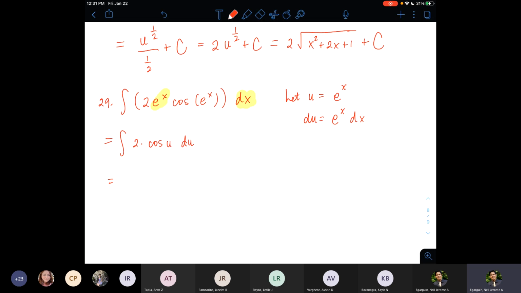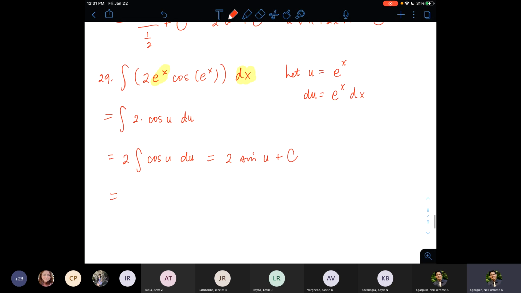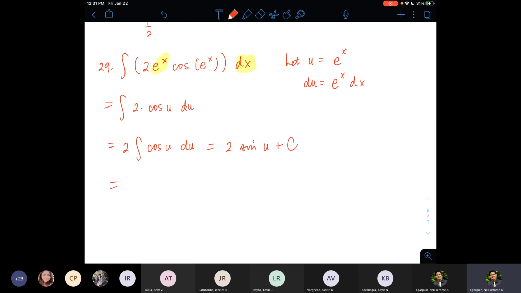This would be 2 integral of cosine u du, which is an elementary form. We know the integral of cosine u is sine of u plus the arbitrary constant c, and then we revert to the original variable. So this will be 2 sine of e to the x plus the arbitrary constant c.